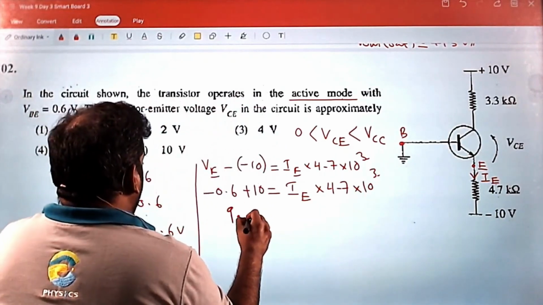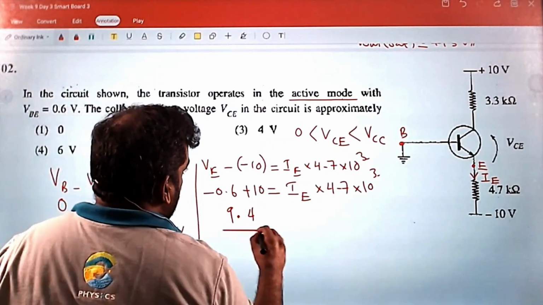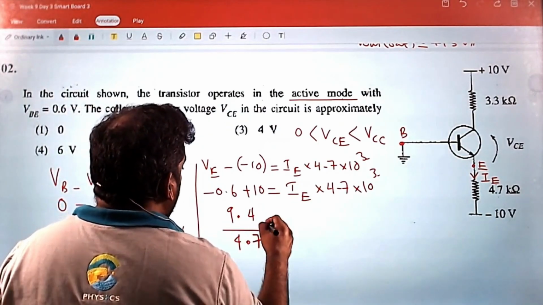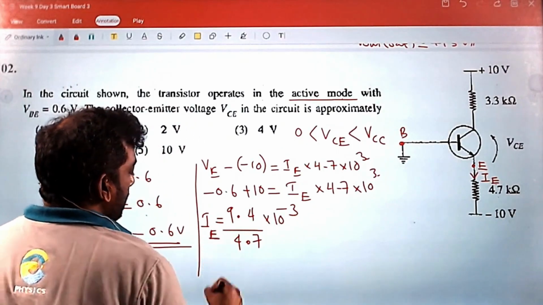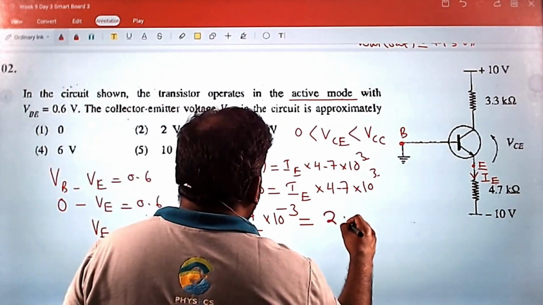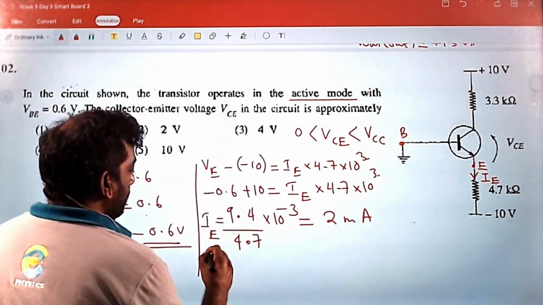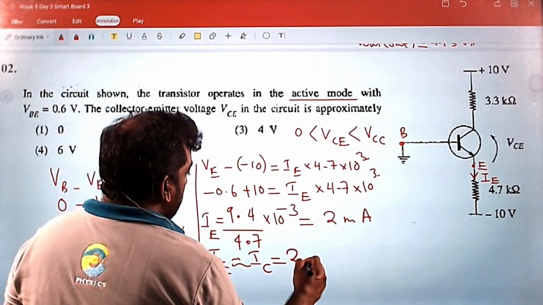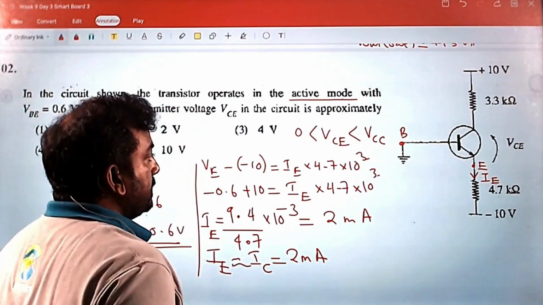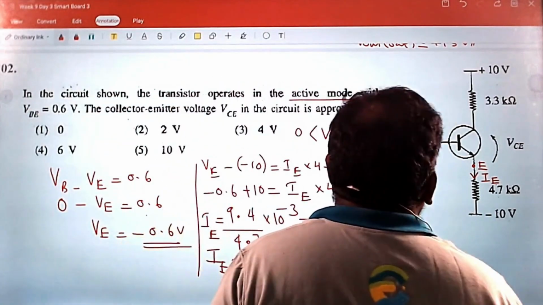Simplify this: 9.4 divided by 4.7 times 10 to the power minus 3 is IE. From this you can say 2 milliamperes. But IE is approximately equal to IC, 2 milliamperes. Now you can work the problem out.